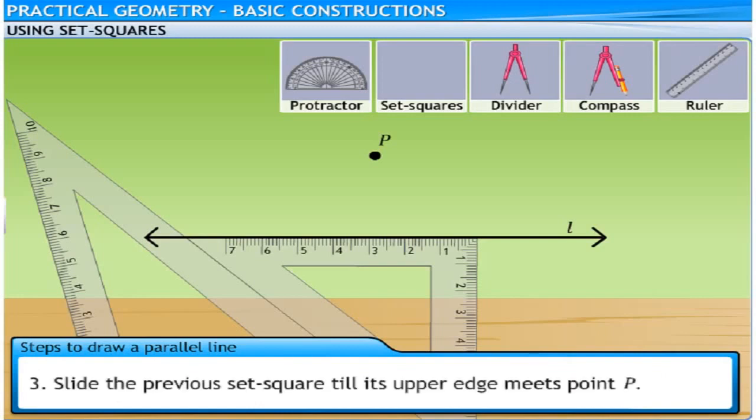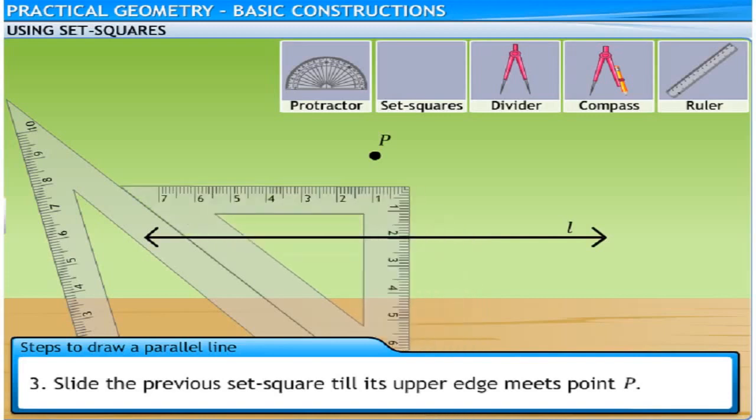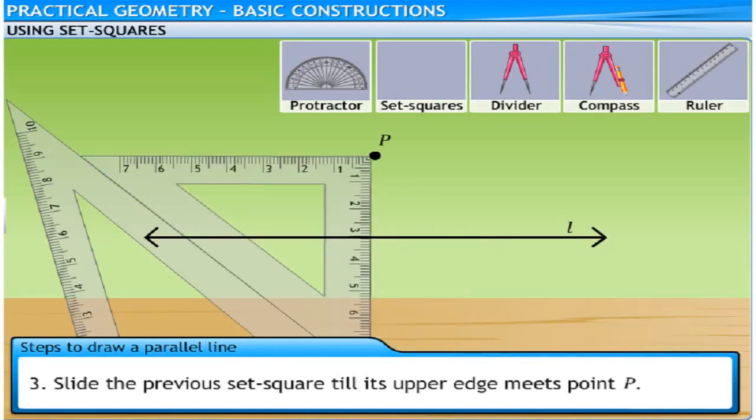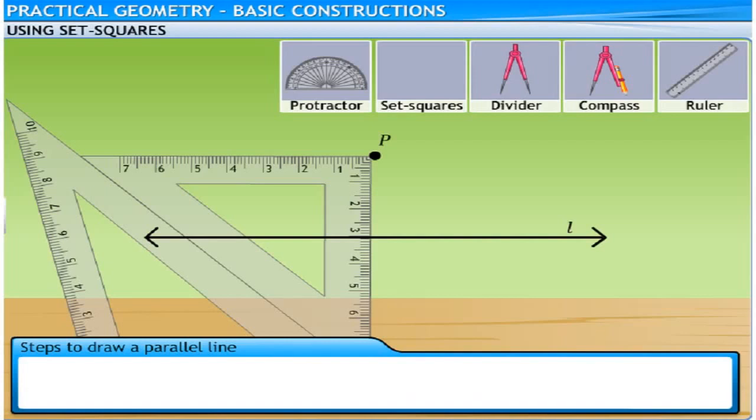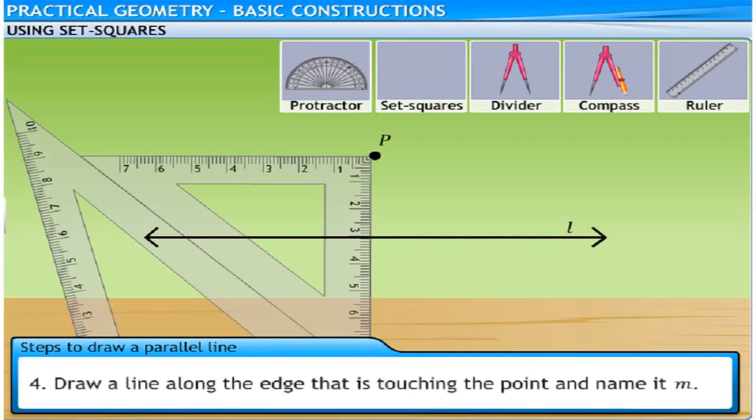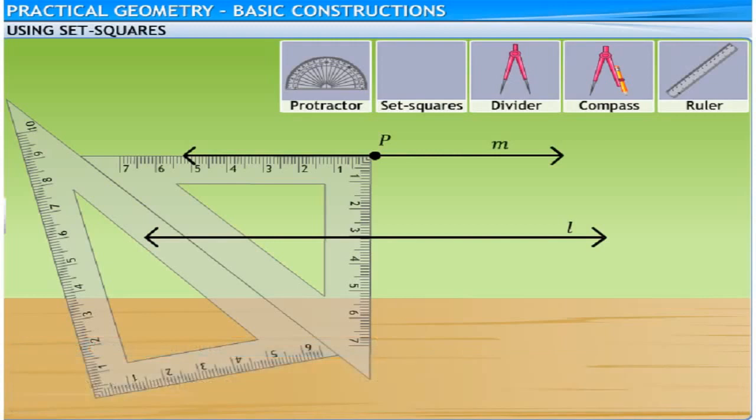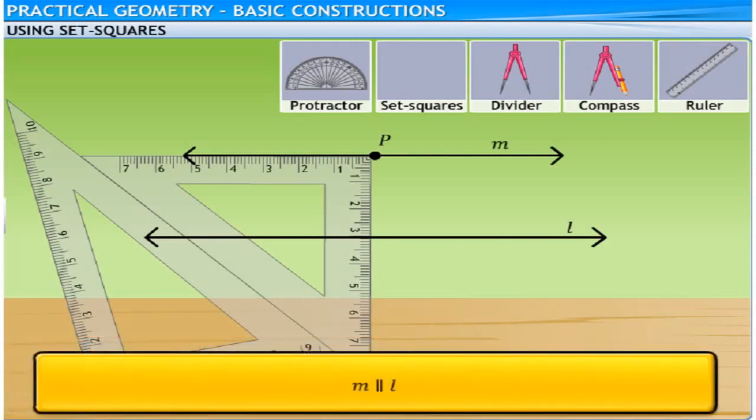Now, without changing the position of the second set square, slide the first set square along the edge of the other set square till it meets point P. Finally, draw a line along the edge that is touching the point and name it M. Line M is the required parallel line to line L.